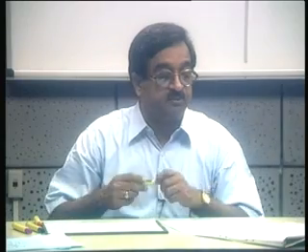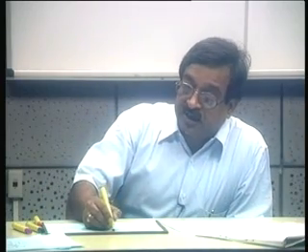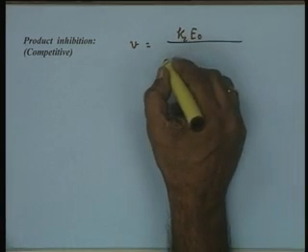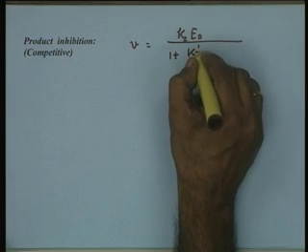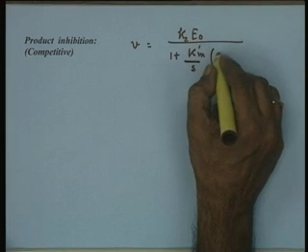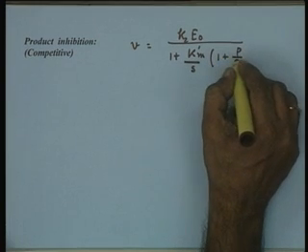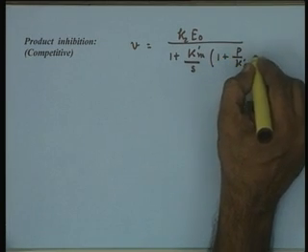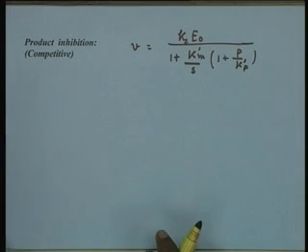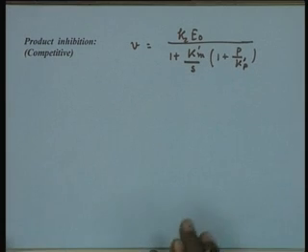In the case of product inhibition, the reaction rate is given by K2 E naught upon 1 plus K dash m upon S, into 1 plus P upon K dash P. Now, this K dash P is the inhibition constant, which is for a competitive inhibitor of the reaction.